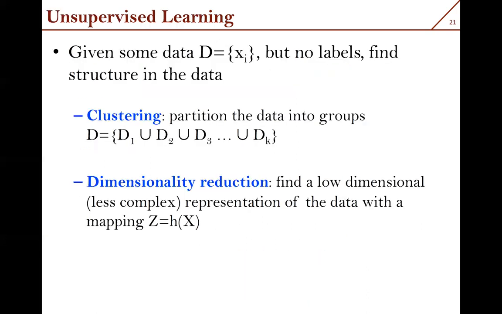The part that we don't deal with so much is where you don't have a specific label. You let the machine learning technique look at the data and find on its own some sort of structure or shape. So things like clustering, where you partition, you divide the data into several contiguous groups. And the other thing is dimensionality reduction, where you start with a somewhat complex representation and you go down to a lower dimension, which is less complex.